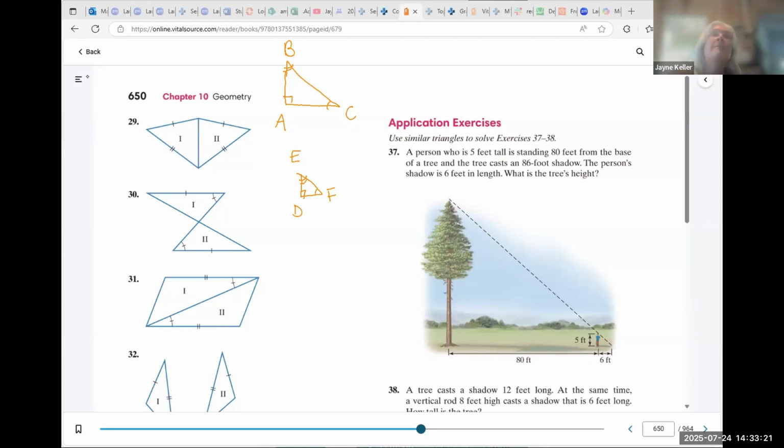Since all three angles are congruent, that means the triangles are similar. And the sides that are opposite congruent angles have the same ratio.